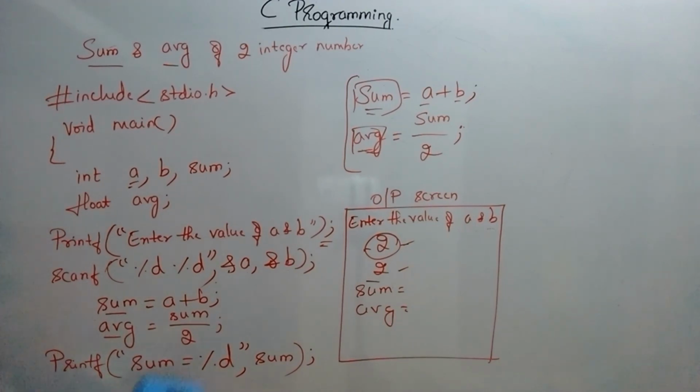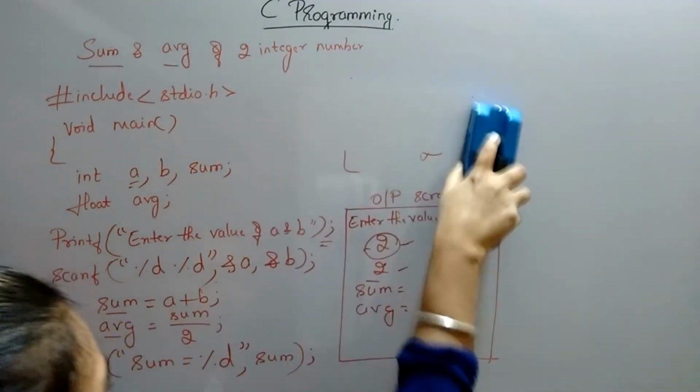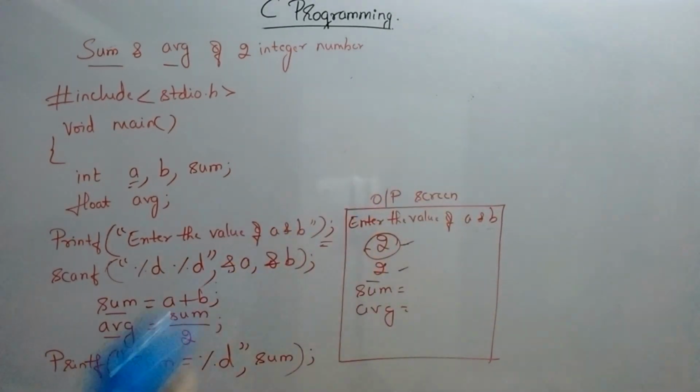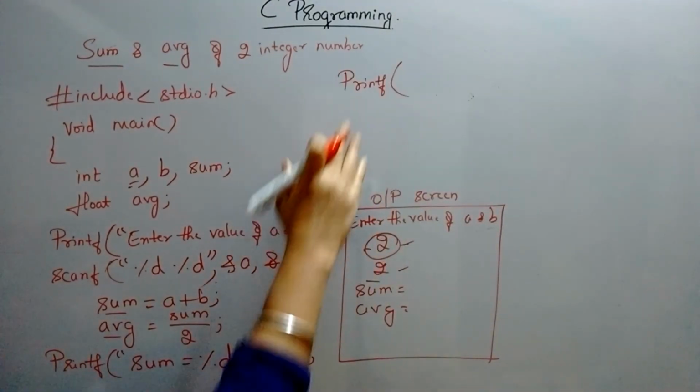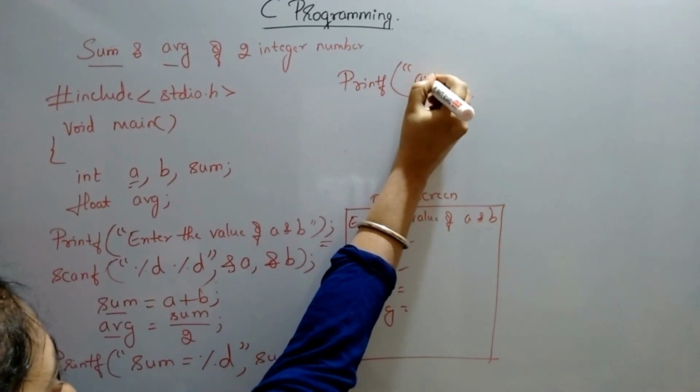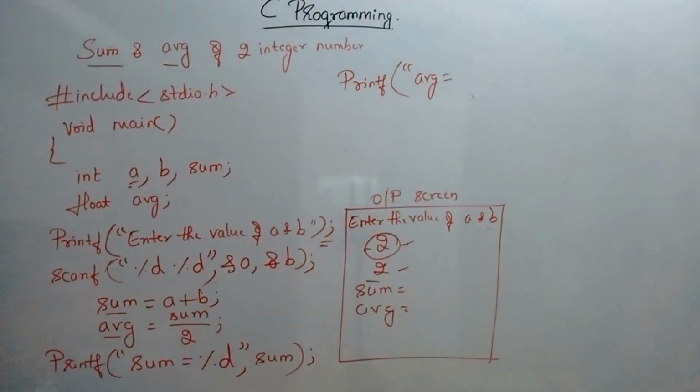Now for average also we have to write, to print the average. Again I am going to write printf average is equal to. See here, for average I can get a floating point value, means I can get some decimal value also. Since I have given 2 and 2, I will get an integer value.